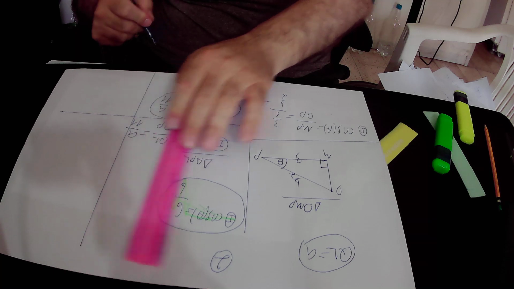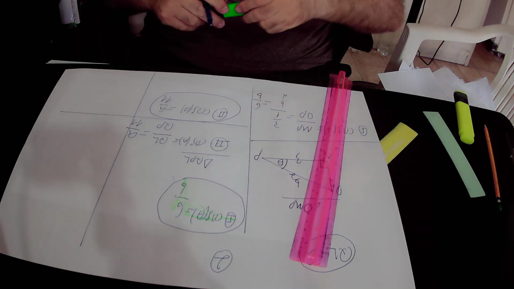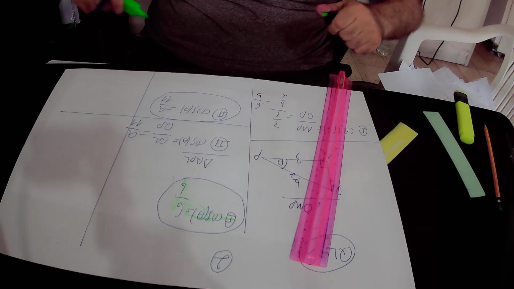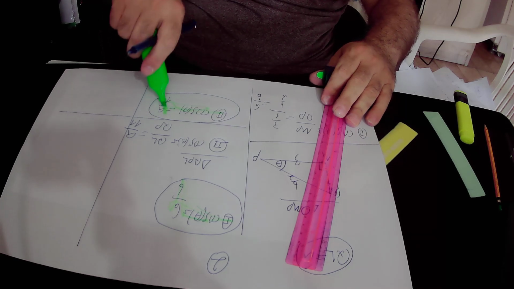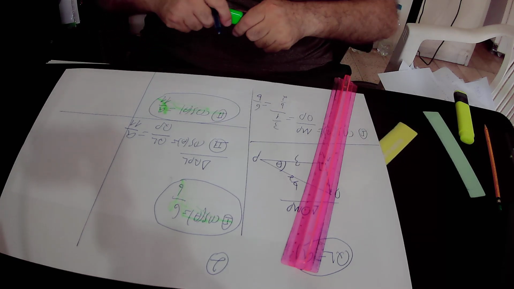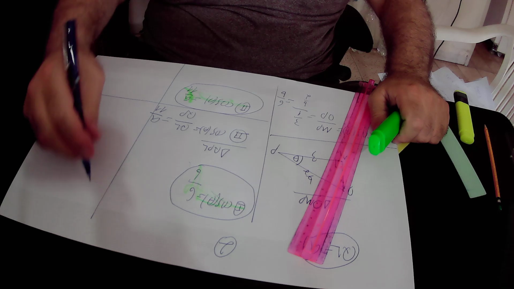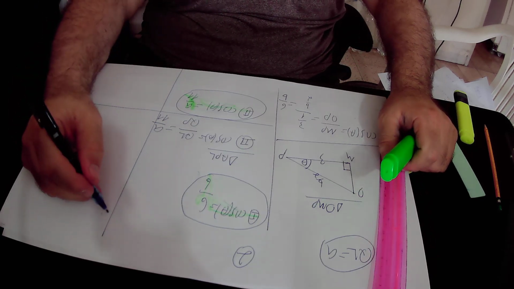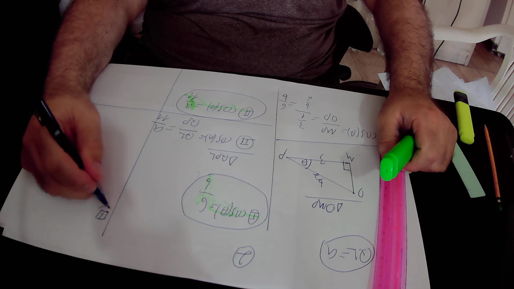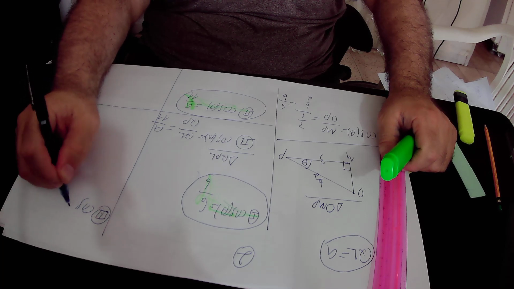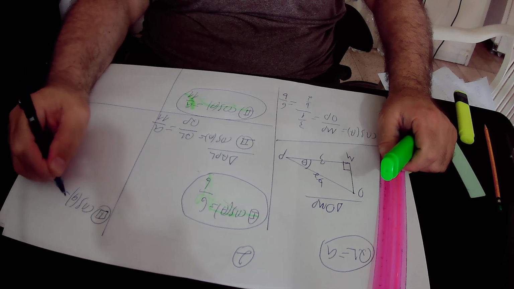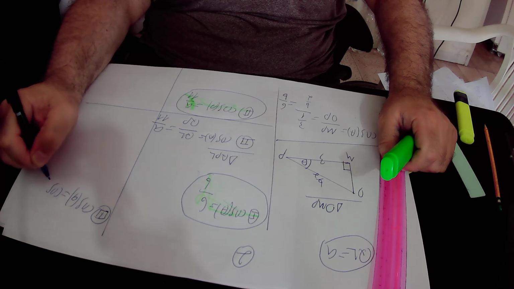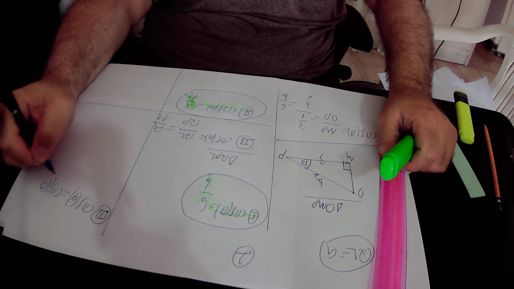Okay. So we actually have two different expressions for cosine theta. Therefore, we create equation number 3, which states that cosine theta according to equation number 1 must be equal to cosine theta according to equation number 2.